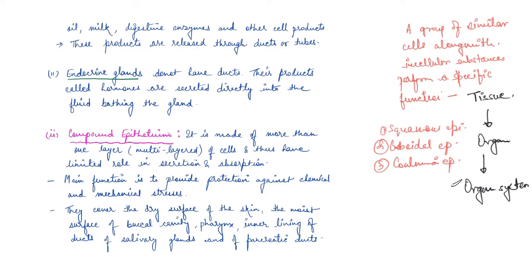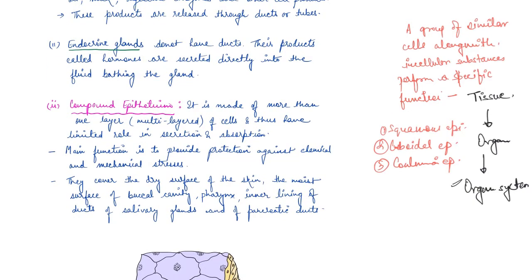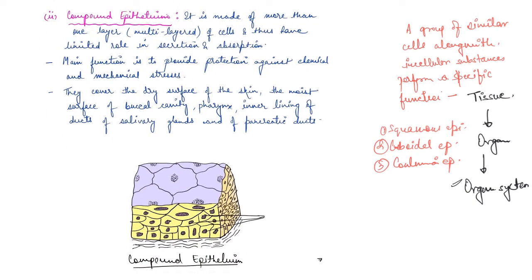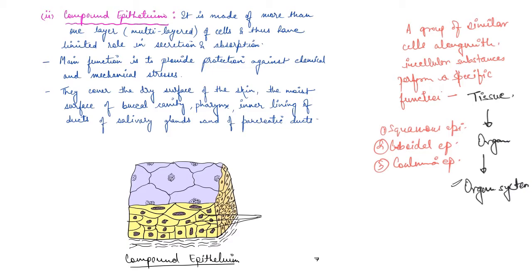Now, the second type of epithelium that we saw was compound epithelium. So, this is all about the simple epithelium. Now, the compound epithelium is made up of more than one layer. So, the first difference is that it is multi-layered.